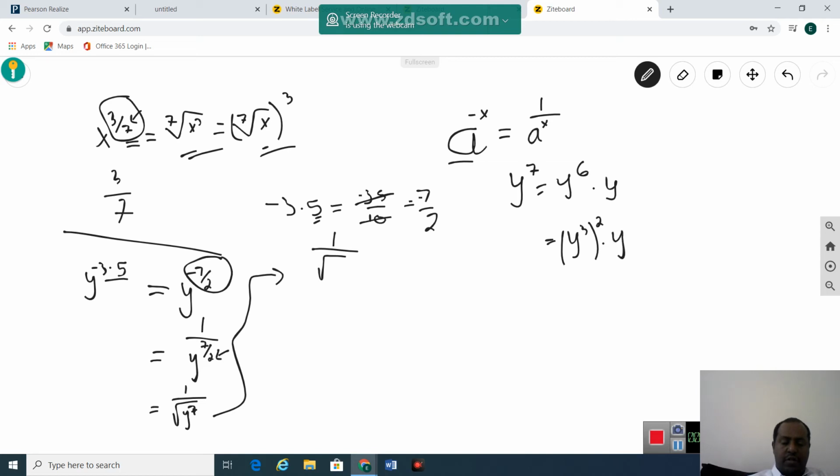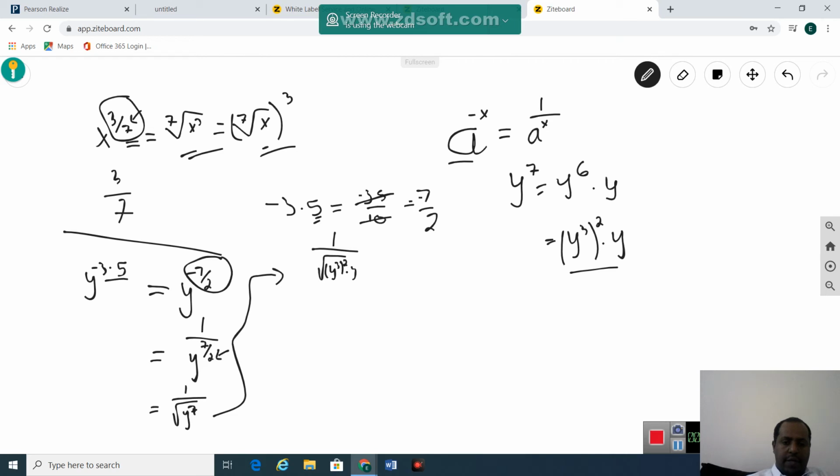In section 6.1, we saw how to find the nth root of powers. So 1 over the square root of y to the power of 7 is the same as 1 over the square root of y to the power of 3, squared, times y.